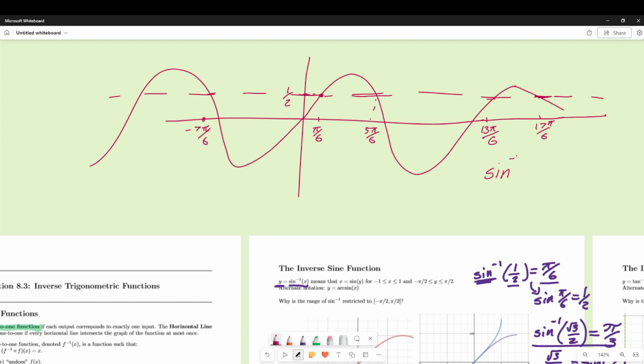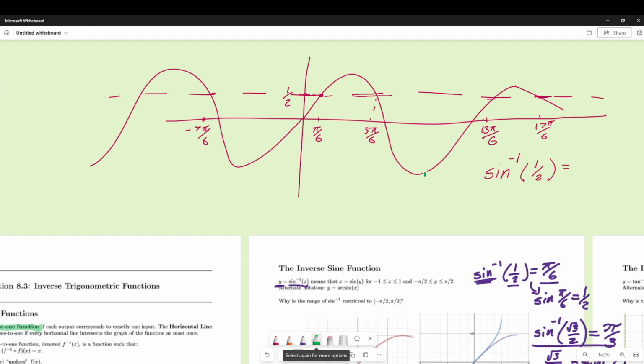And that's a problem. If I'm asking the sine inverse of 1/2, and this is supposed to be a function, functions are only allowed to have one answer, and only one answer. So just like for the square root of x, we need to restrict the domain of the sine function to a place where it passes a horizontal line test, so we can say, okay, the sine inverse only exists in this range of angles, so that each sine inverse question has one and only one answer.